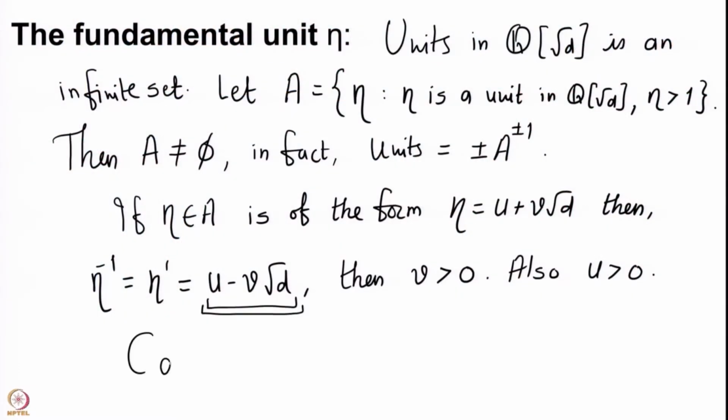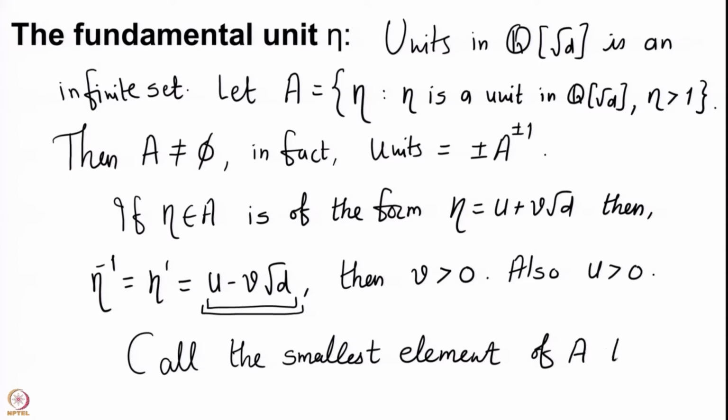So, since you have both of them positive, there is a smallest possible such unit. Call the smallest element of A eta naught.